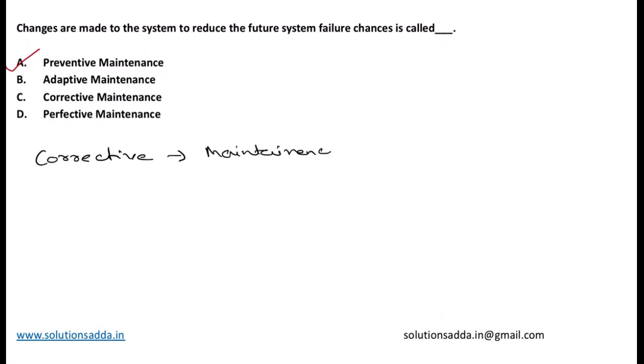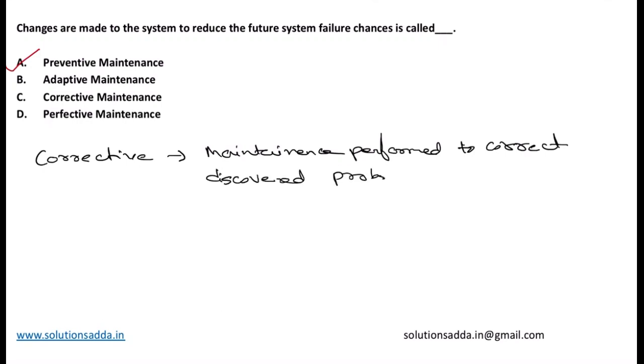Maintenance performed to correct discovered problems. Next is adaptive maintenance. What is adaptive maintenance?